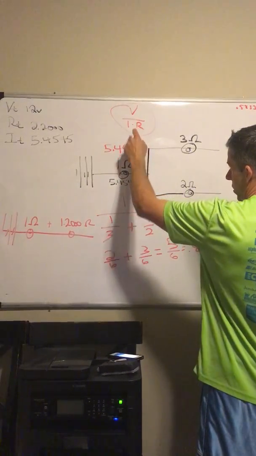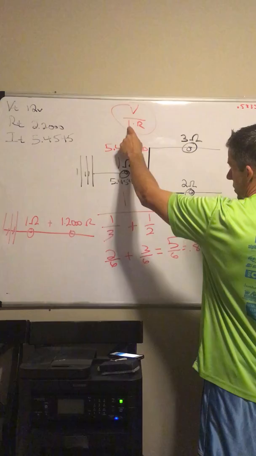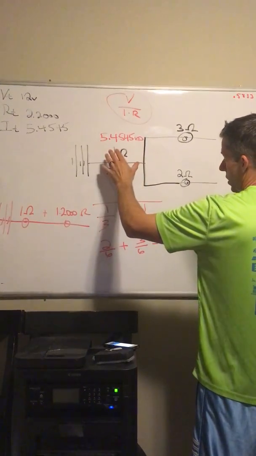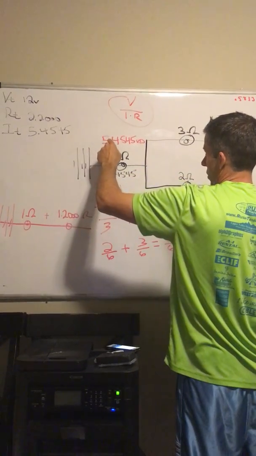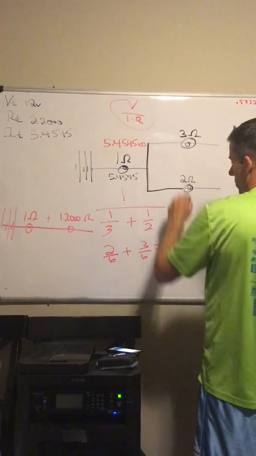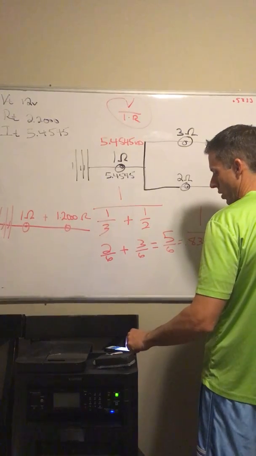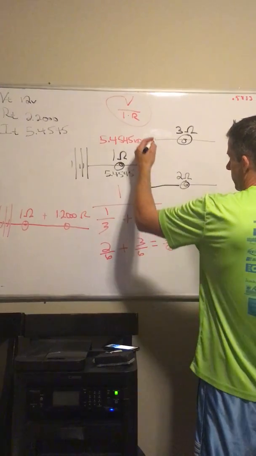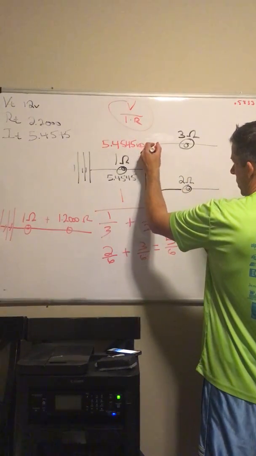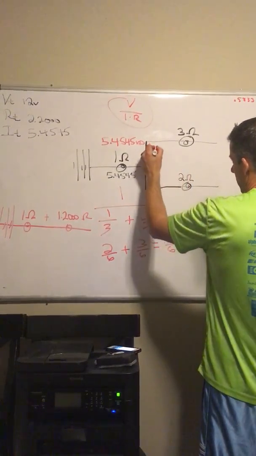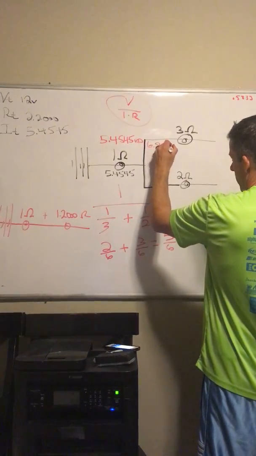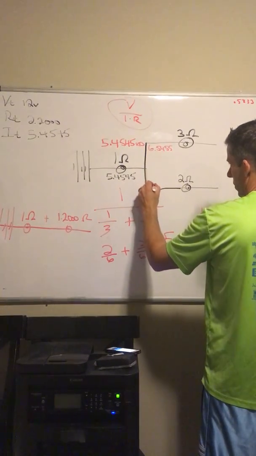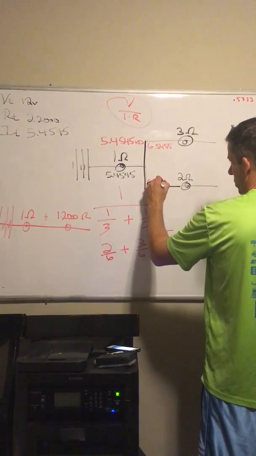I use my formula up here. So resistance times intensity. So I've got 5.4545 volts dropped. That means out of 12 volts, I will have the remainder for both of these branches. So 12 minus 5.4545 equals 6.5455. And I will have the same amount of voltage for this other parallel portion of the branch.